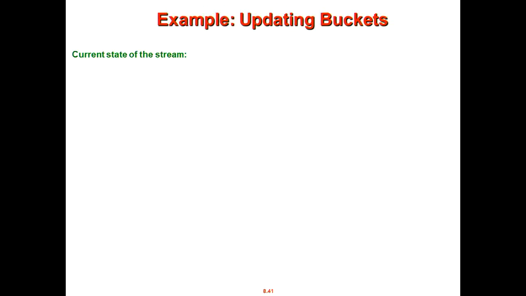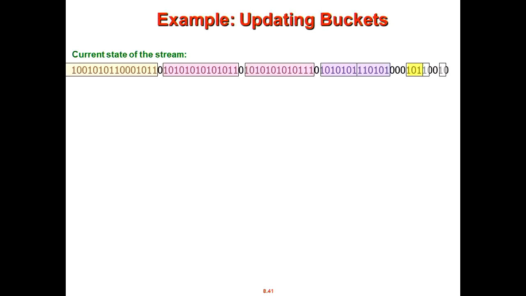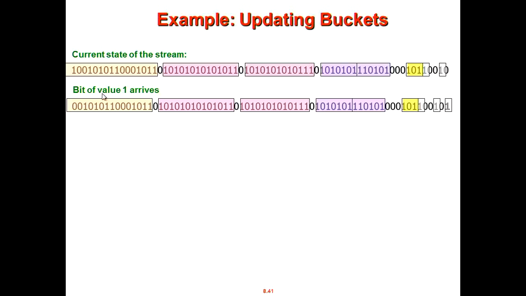So let's look at one example of how to do the update. This is the current data stream shown previously. Next, a new value 1 comes. What you need to do is create a new bucket for this 1.